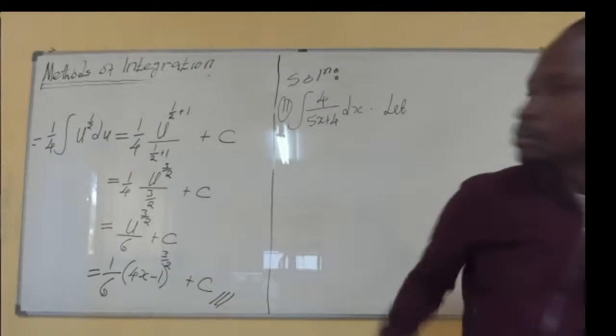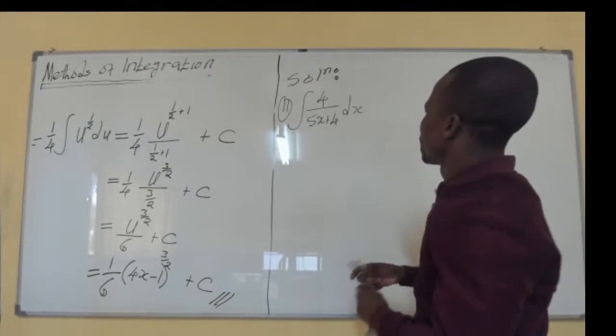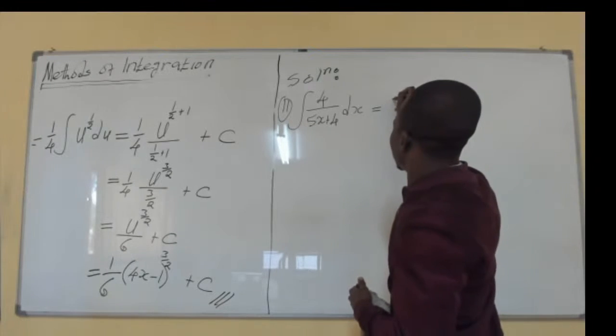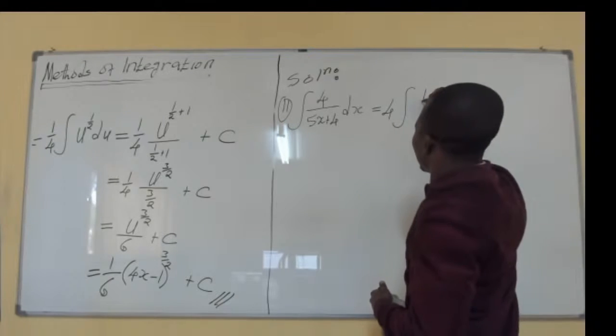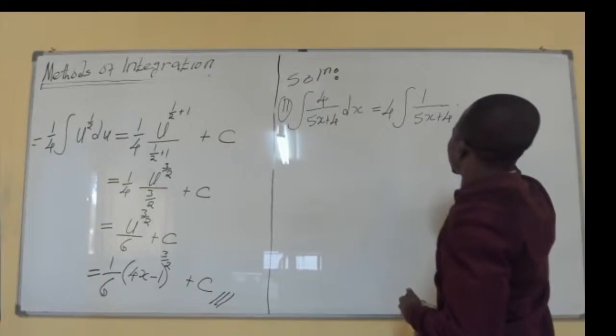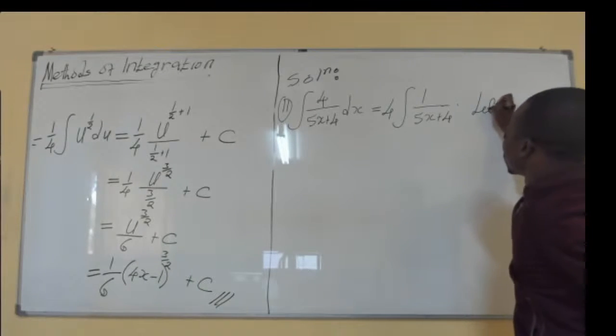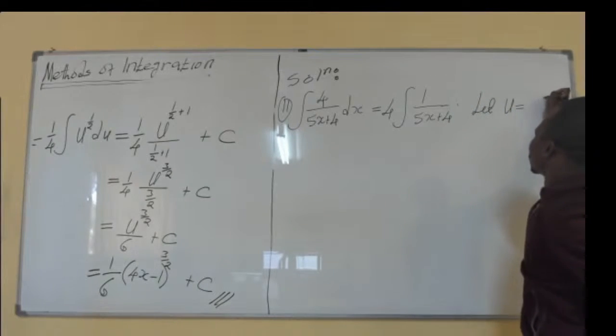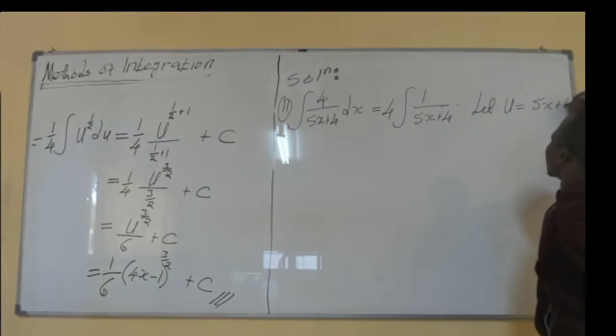Maybe before I come to that, this is just the same as 4 times the integral of 1 over 5x plus 4. Now, here, we'll let u be equal to 5x plus 4.